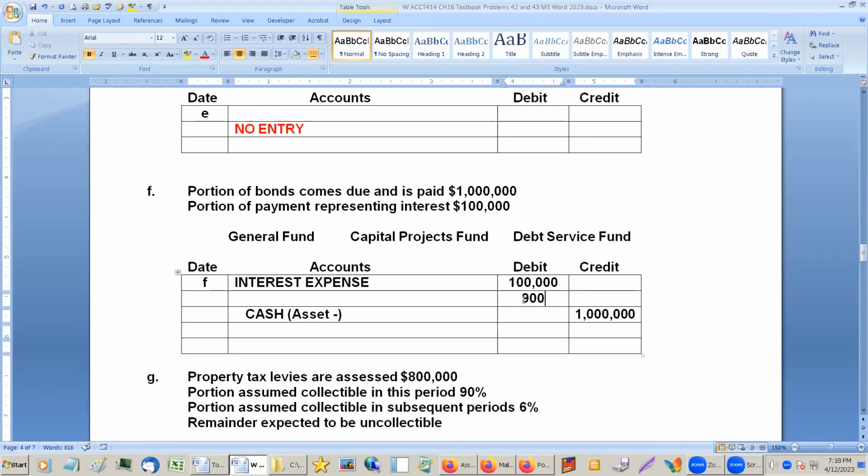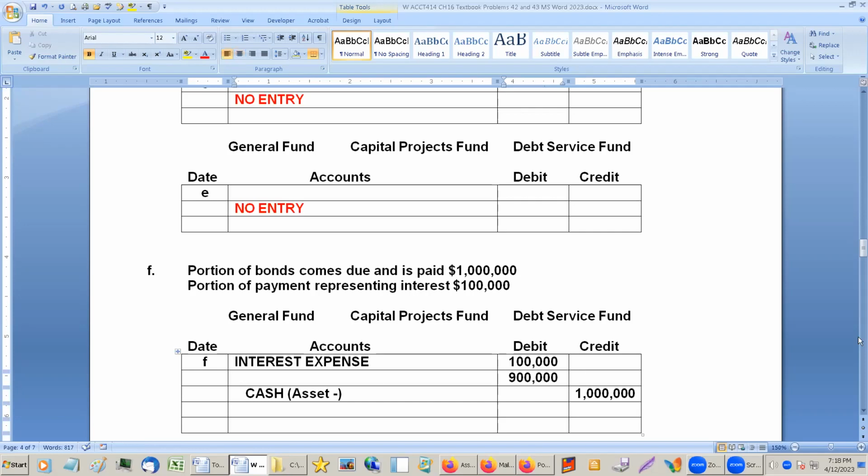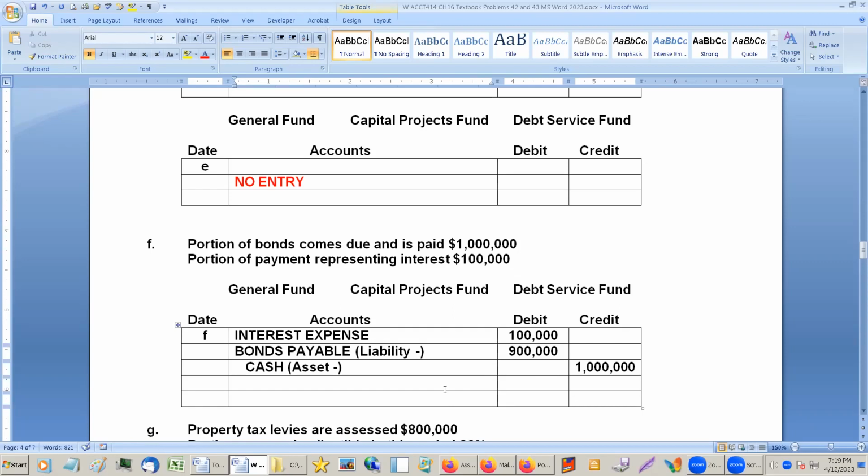And at 900,000, what is that paying down? It's paying back on the bond, so bonds payable. So that's a liability going down. We now paid off 900,000 of it.